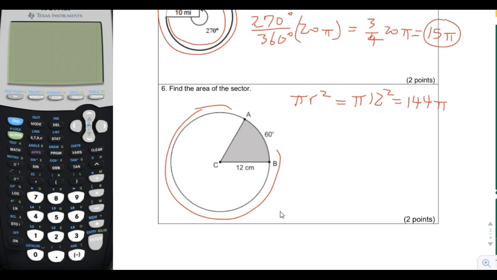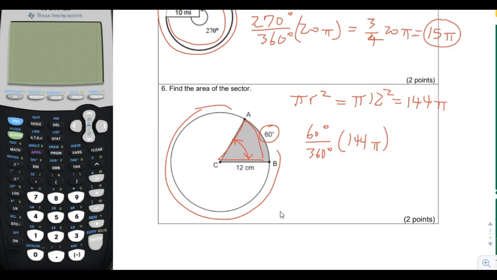Then I'm going to find just the part that is colored in here. This is the sector we're looking for, right? So we're going to find this proportion. It's 60 degrees for this sector. What is the total degrees? It's 360. So I'm going to take 60 degrees, divide by 360 degrees, and multiply it times 144 pi.